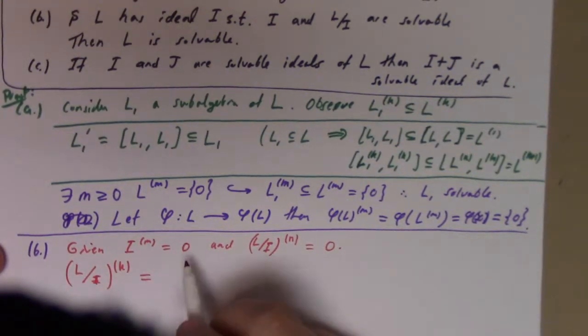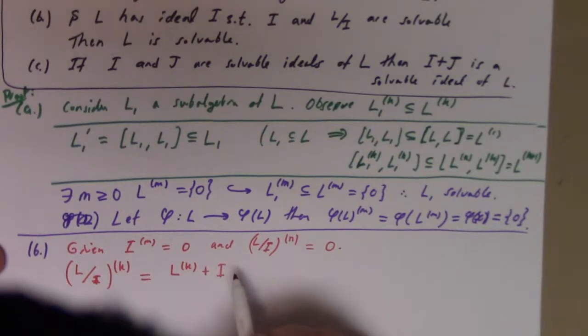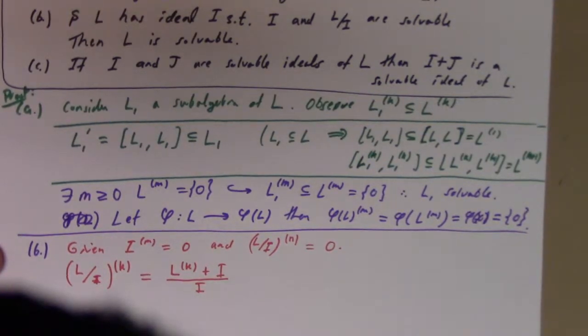It's equal to L^(k), the kth derived series of L, plus I mod I. Yeah, I don't see right off why that's true.